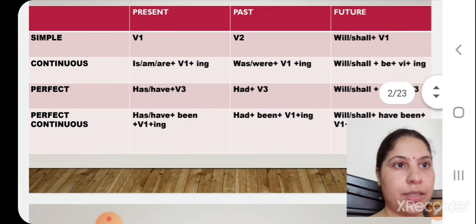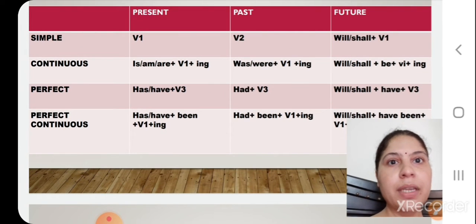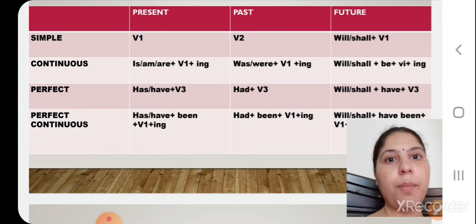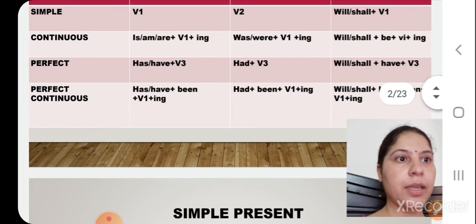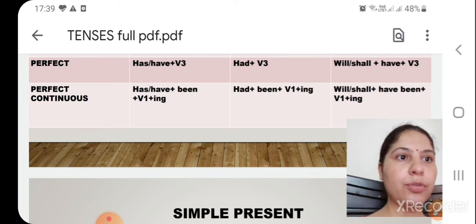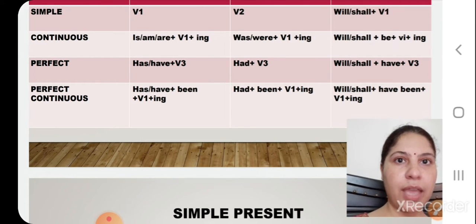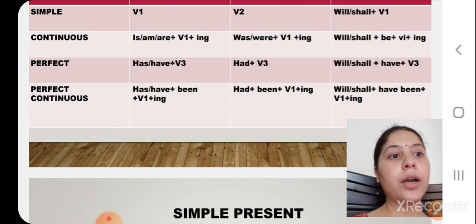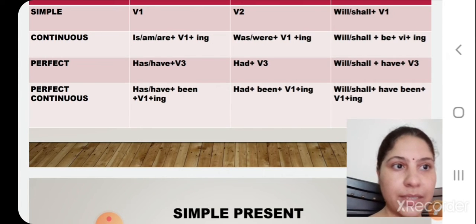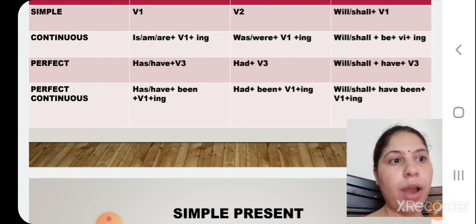And in the same way, in future, simple future tense, future continuous tense, future perfect tense, and future perfect continuous tense. And you can see the rules for each one of them, and by the end of this video you will learn about all these three tenses and their four aspects.